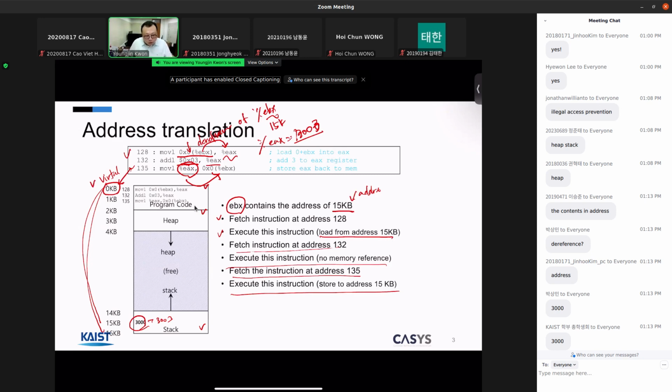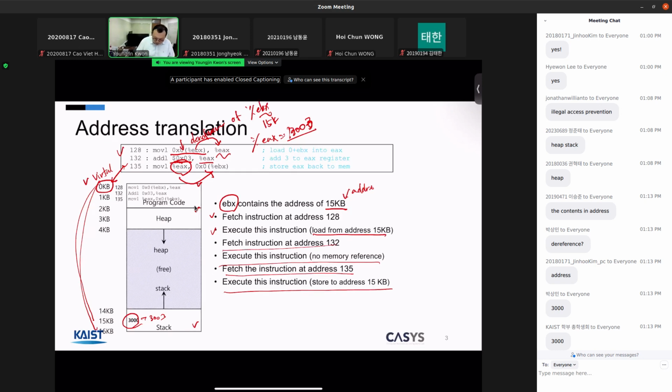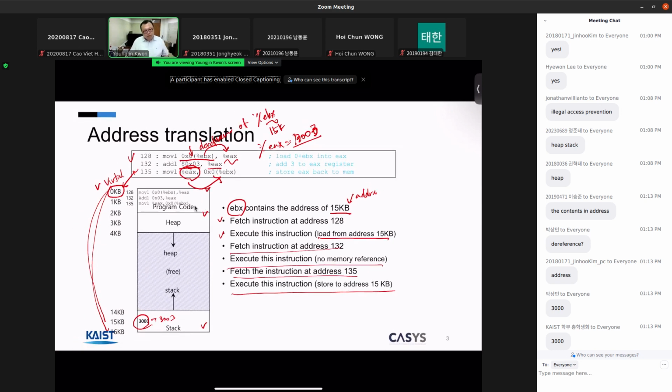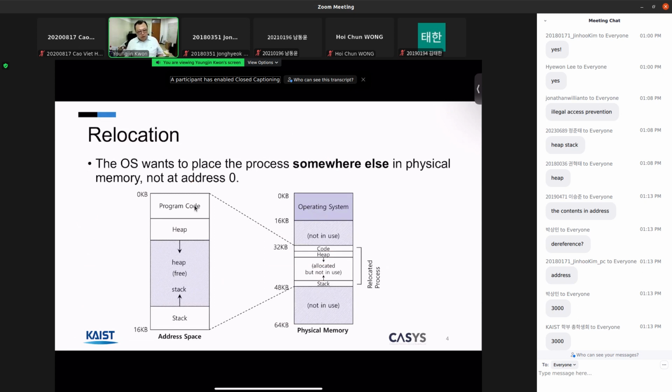That leads to the problem of relocation. The binary program is loaded into the address space.